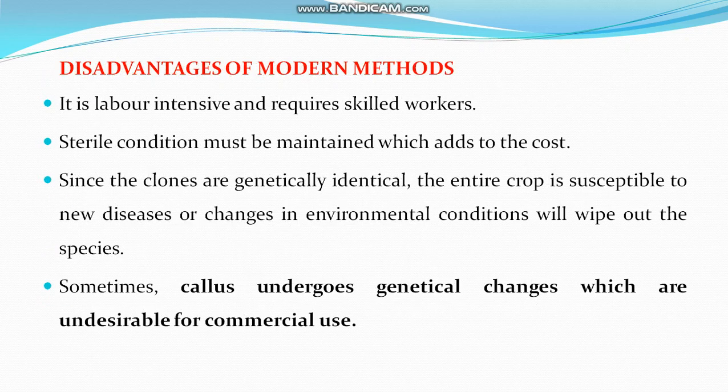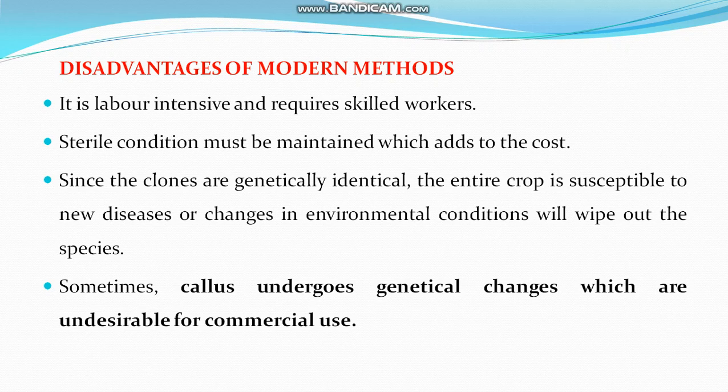Disadvantages of the modern method. It is labor intensive and requires skilled workers, because the modern methods, tissue culture, micropropagation and totipotency, are conducted in a well equipped laboratory. So it requires intensive labor and skilled workers. Second, sterile conditions must be maintained, which adds to the cost.